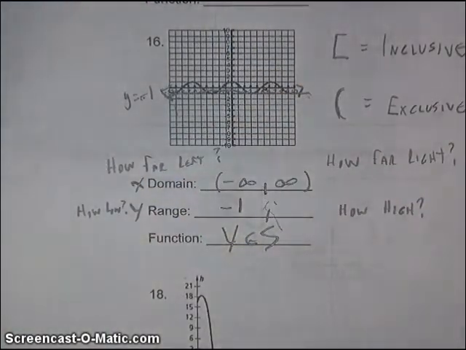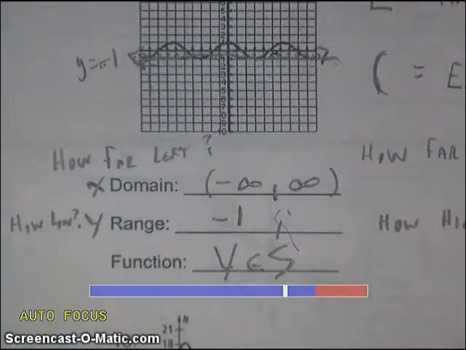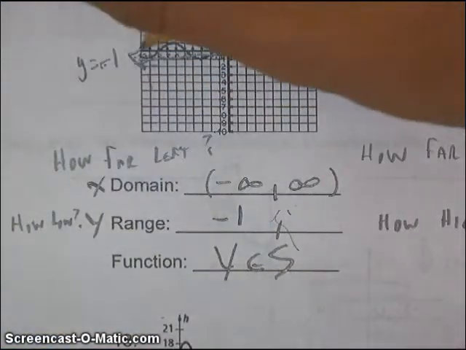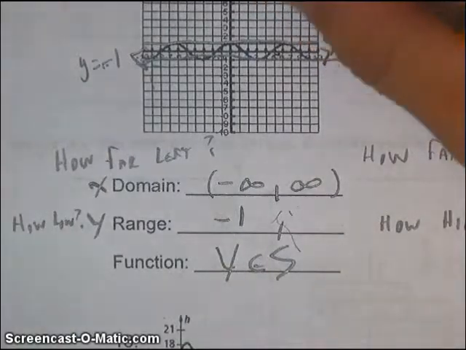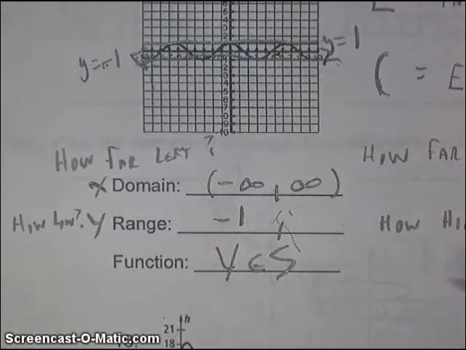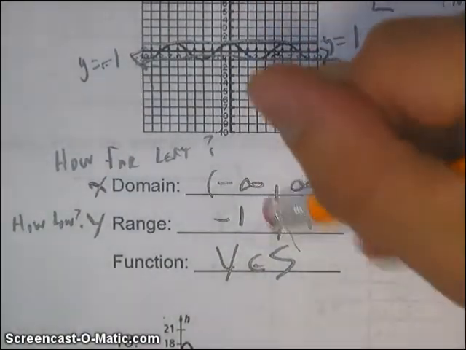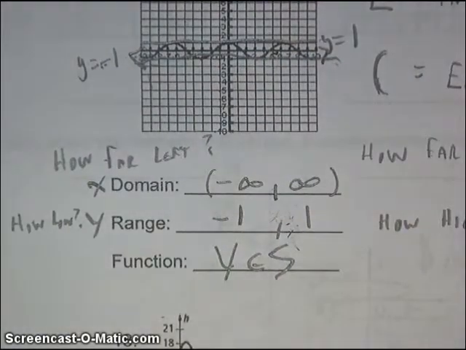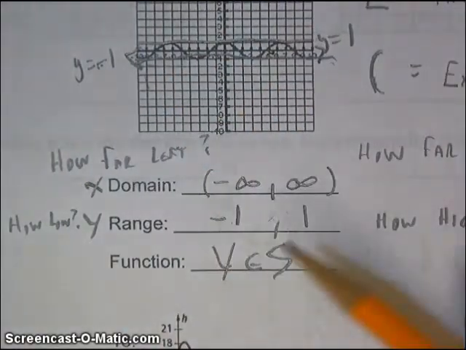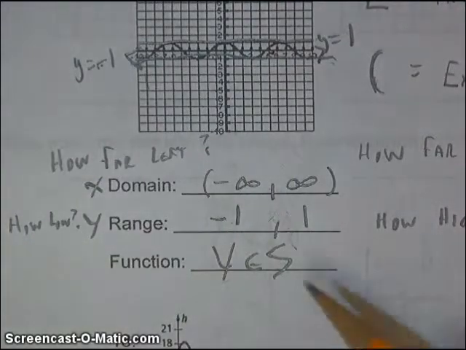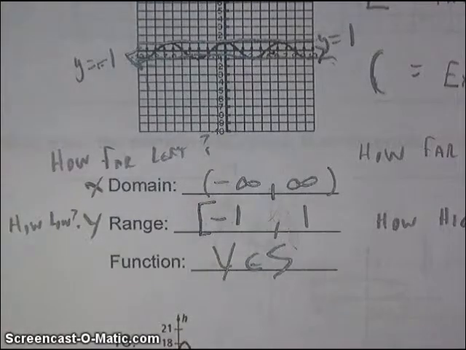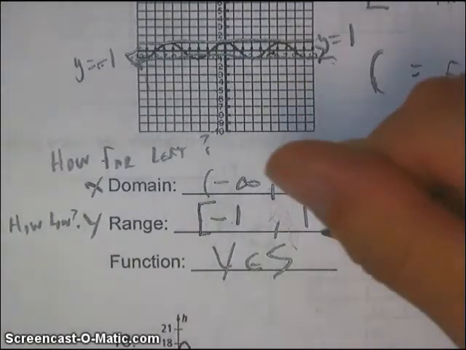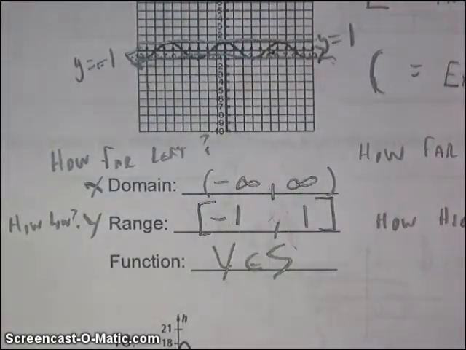How high does it go? Well, it looks like at the very highest point it touches the line y equals 1. So it gets to 1 right there. Now the question is, which do we use, brackets or parentheses like we're using up here? Remember, the brackets are inclusive. It does touch -1, so we're going to use a square bracket. And it does touch +1, so we're going to use a square bracket.